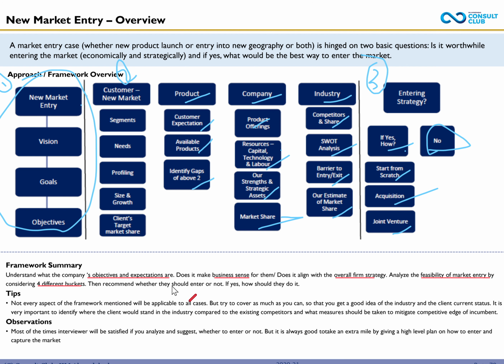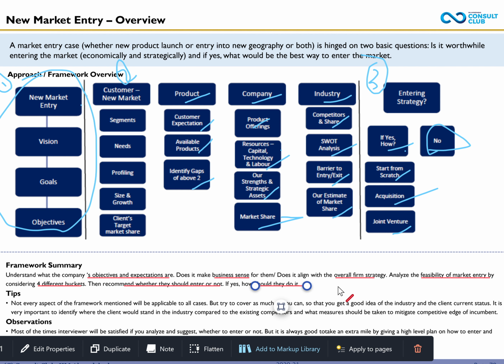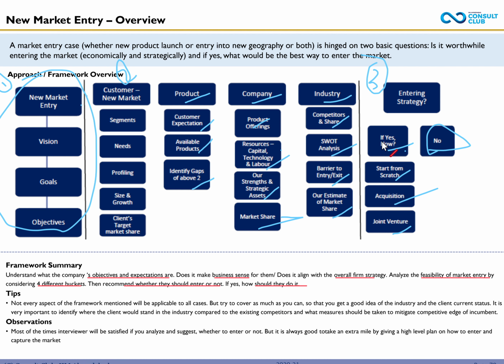Then recommend whether they should enter or not. Okay, that's what is expected of you, I think. And if yes, how should they do it? That is the third part of the interview, where if they should enter, then how should they? So that is how you proceed in a new market entry case study interview.